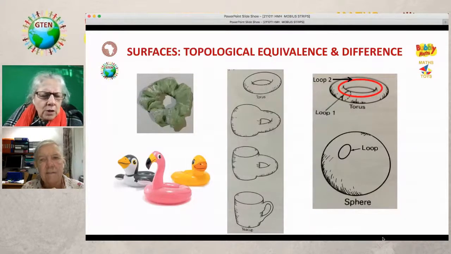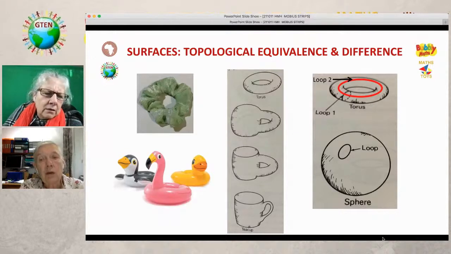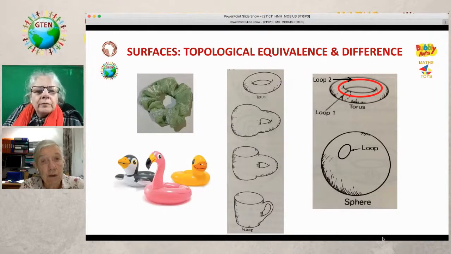Okay, so what's the connection between the torus and the loop on the sphere? Well, it's pointing out there's only one loop on the sphere. But when you come to the torus, there's two possible loops. You see, the red loop, you cannot shrink to a point because of the hole. The hole has to be there, or it isn't topologically the same anymore.